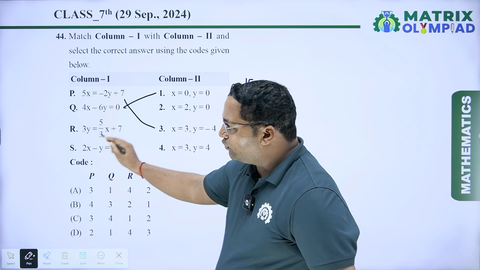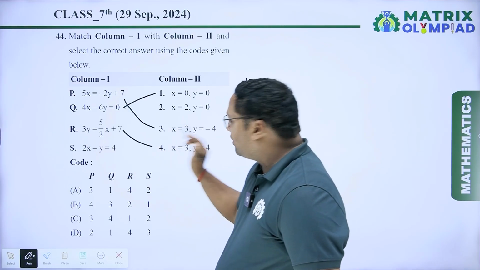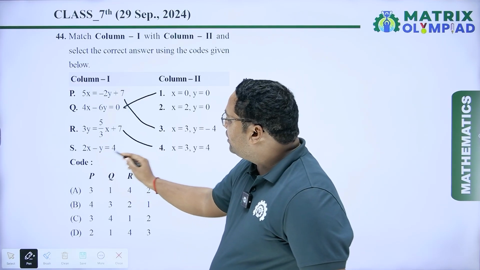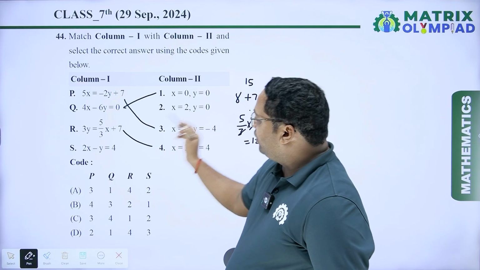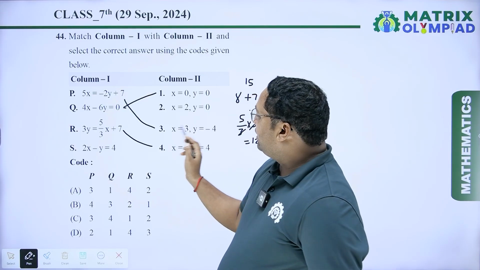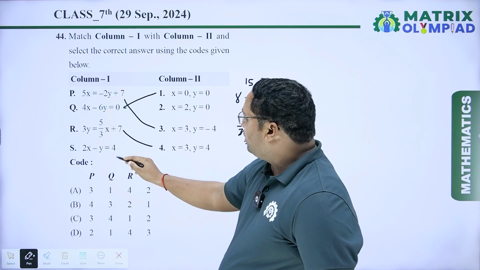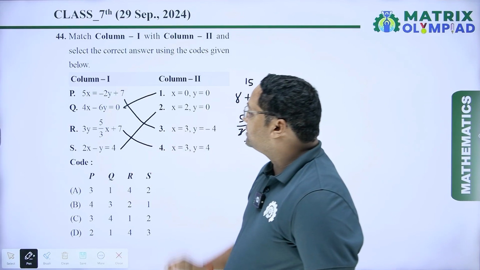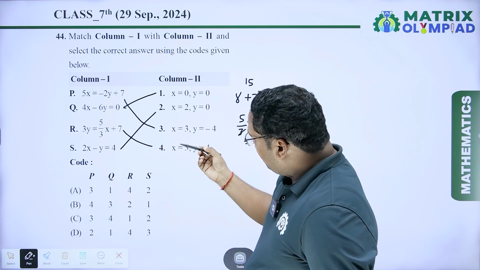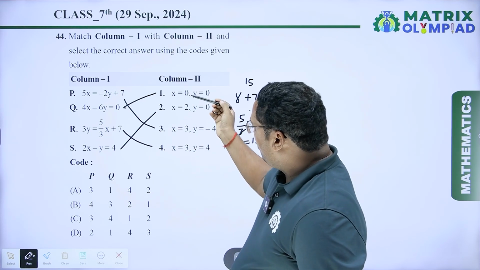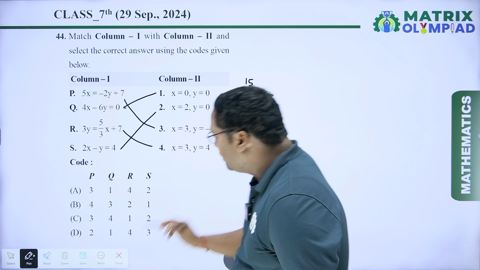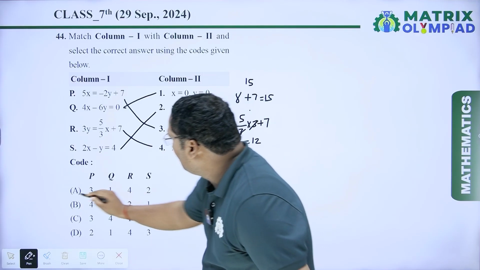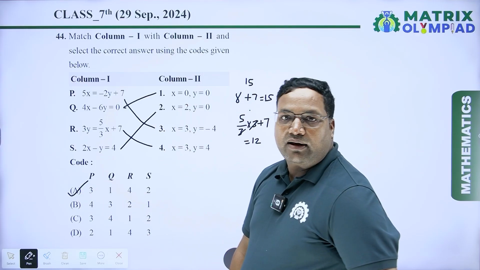Again y equal to 4, 4 threes are 12. So for 4 it is true. Next is 2x minus y equal to 4. We put 2 here, 2 twos are 4, and y equal to 0. 4 minus 0 is 4, and it is given 4. So this option is true. So the correct option is 3 1 4 2. So option number A is the correct option.